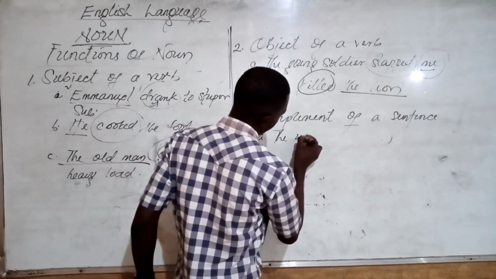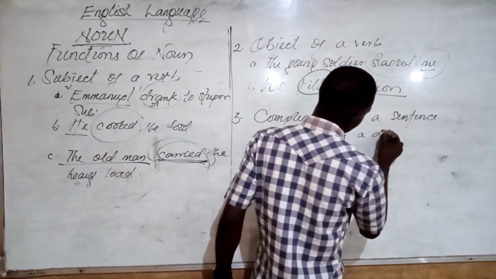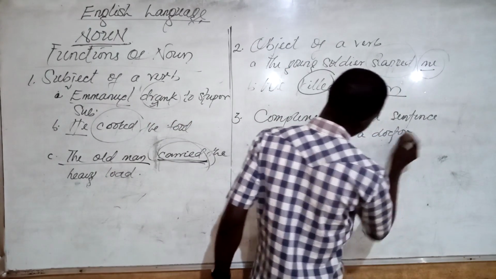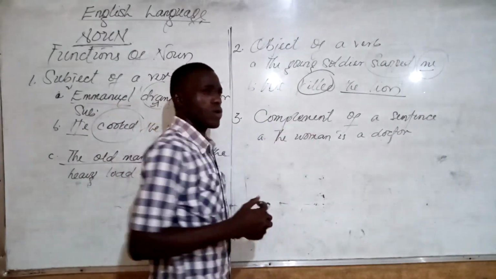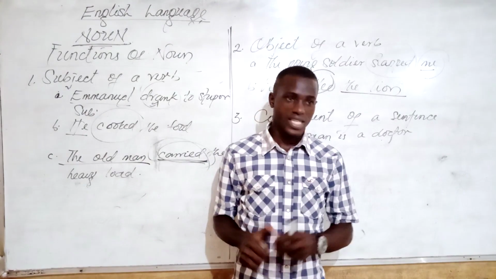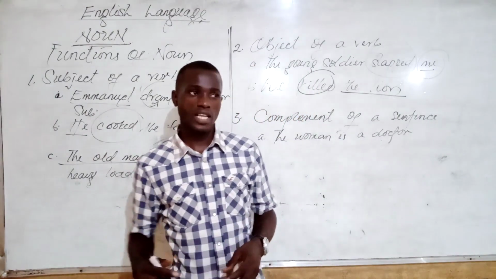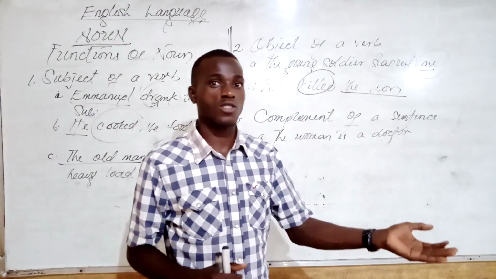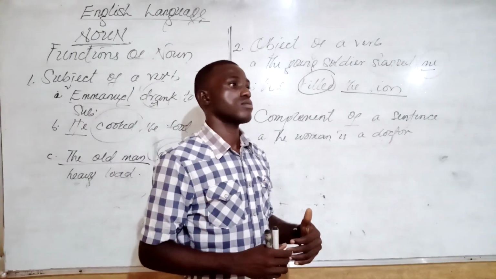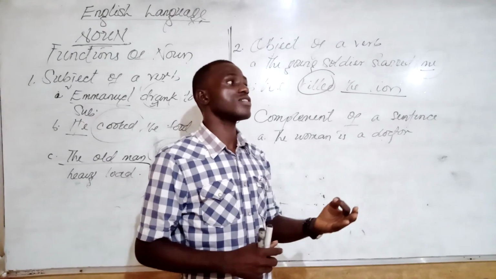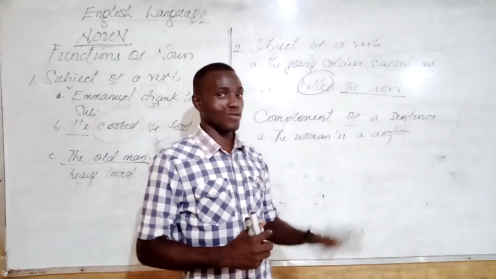The woman is a doctor. Now, what is a complement? A complement is an addition, right? So for example, if I compliment someone on something, it's like I am adding some good comment to the person.